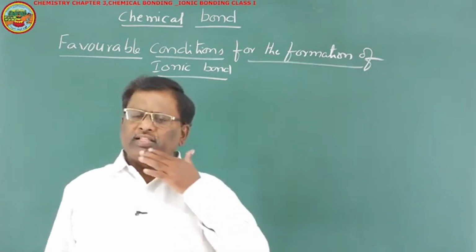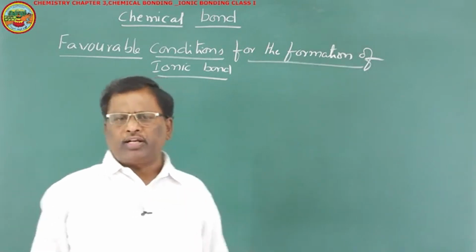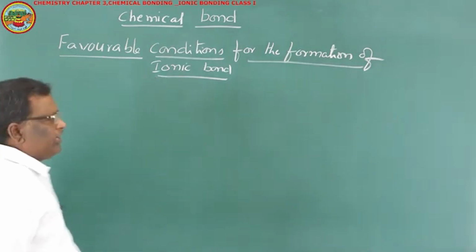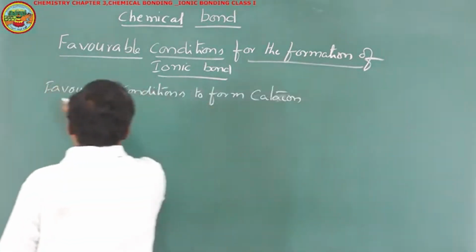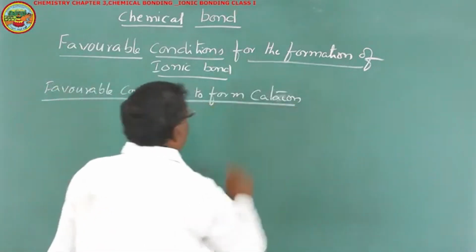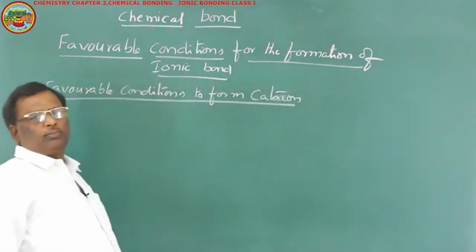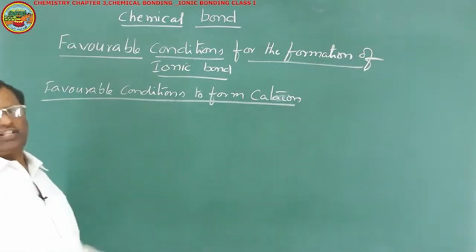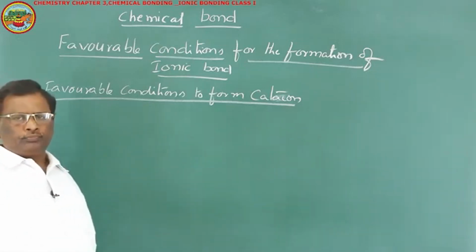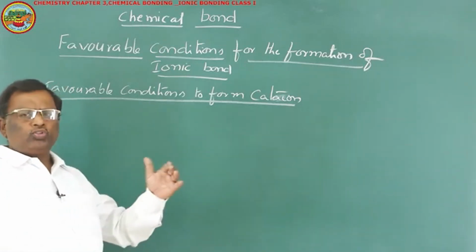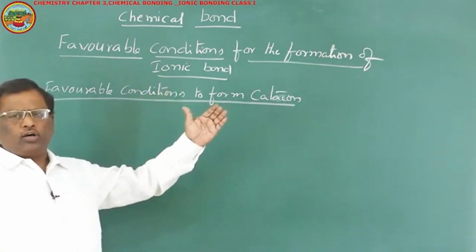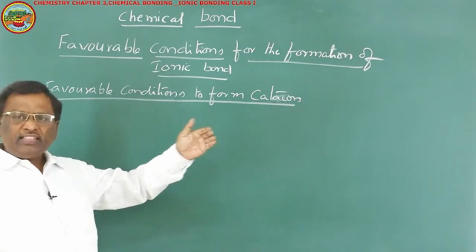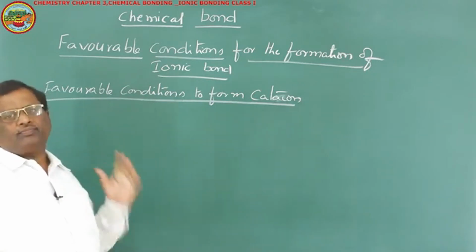Let us discuss the favorable conditions. What are the favorable conditions for the formation of a cation? A positive ion, cation, is formed when an atom loses an electron. Any atom can lose an electron if the electron to be lost is least attracted by the nucleus.